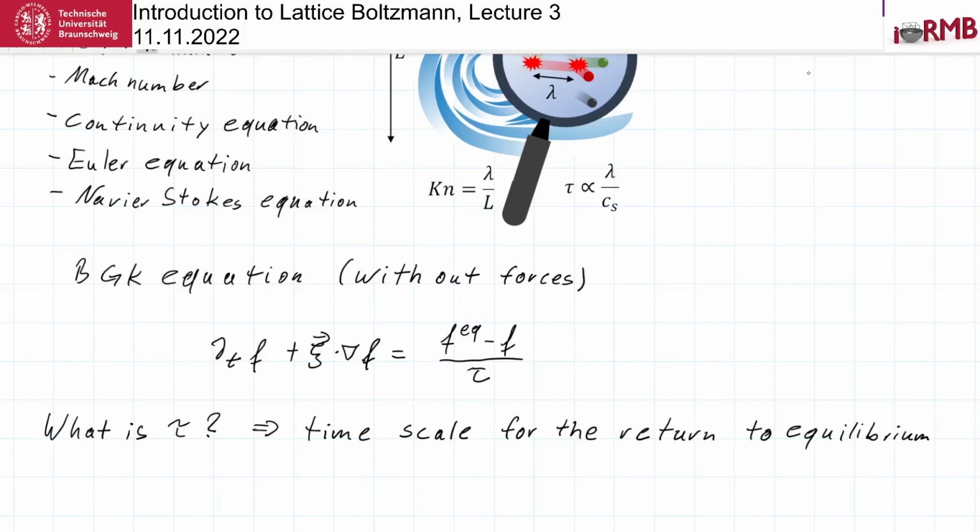Now our assumption is that when the particle last collided, it forgot its memory, and forgetting its memory means everything that is not conserved is deleted from the history of the particle, and then the particle speed is drawn from equilibrium.